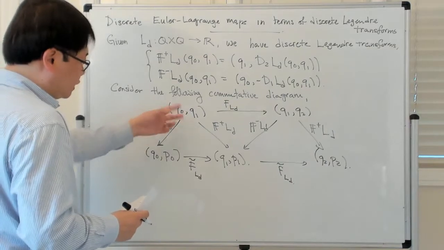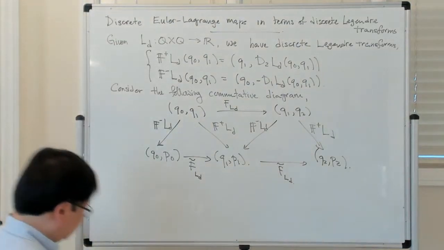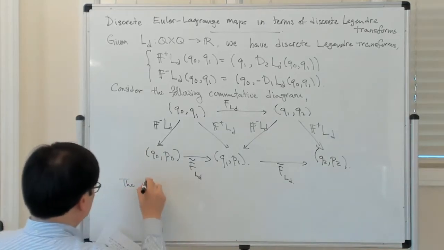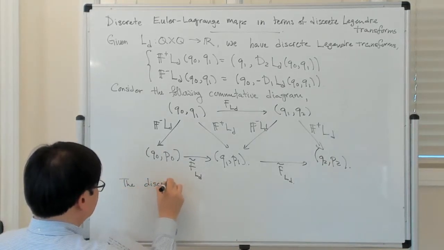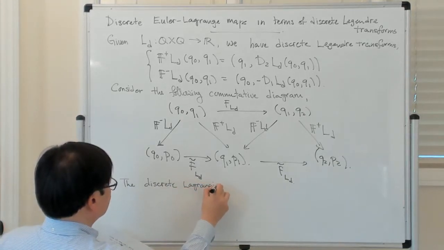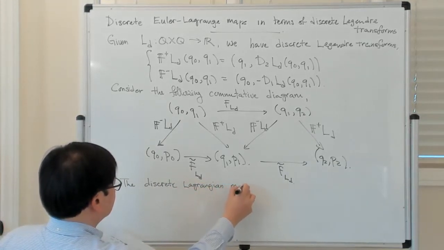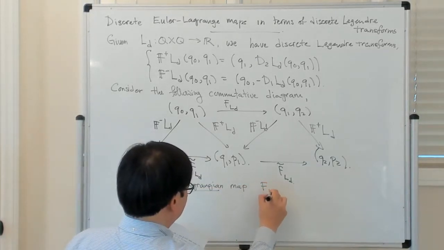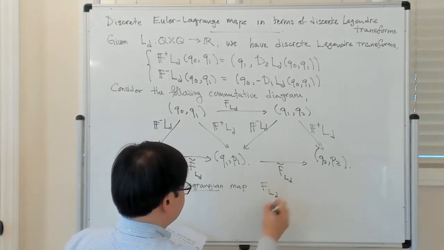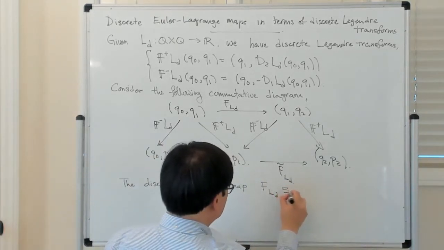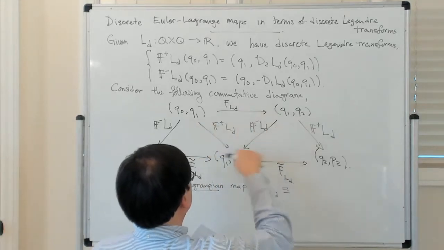These are defined so that the diagram commutes. The discrete Lagrangian map, which I called F_LD, is defined to be whatever makes this diagram commute.